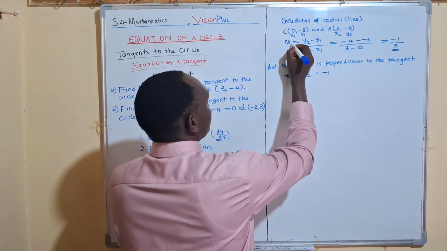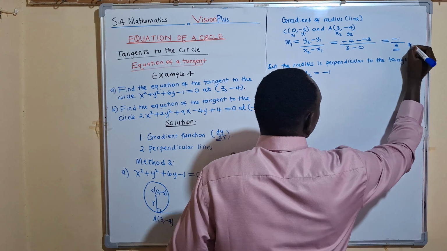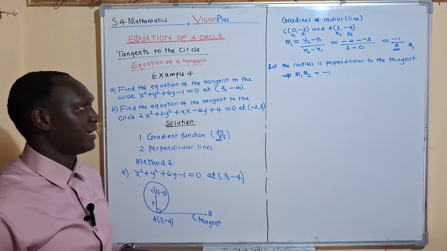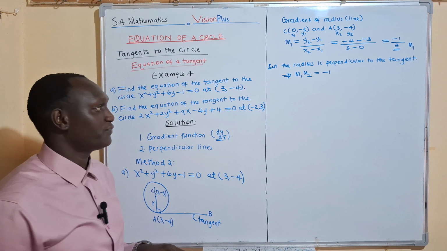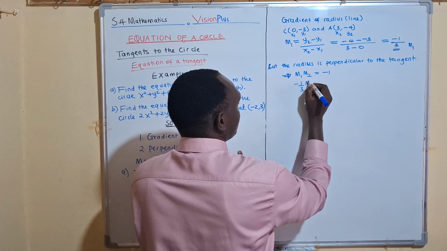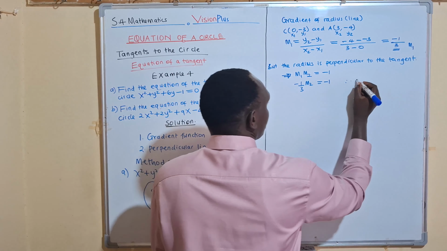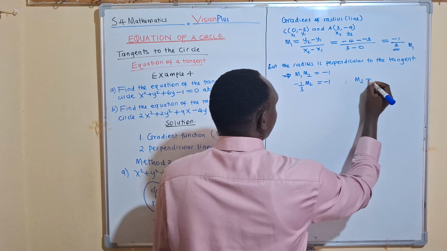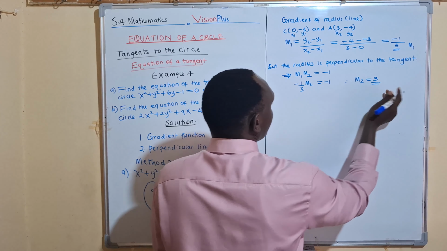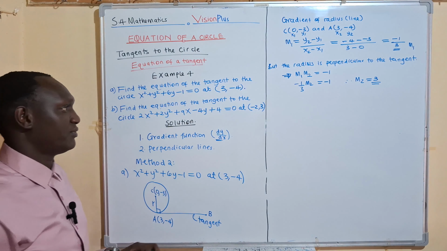So let me consider the gradient of the radius as m1. So that is my m1. Now we substitute for m1, which is -1 over 3, times m2 equals -1. What is the value of m2 in this case? Therefore, m2 becomes positive 3. This is now the gradient of the tangent to the circle.